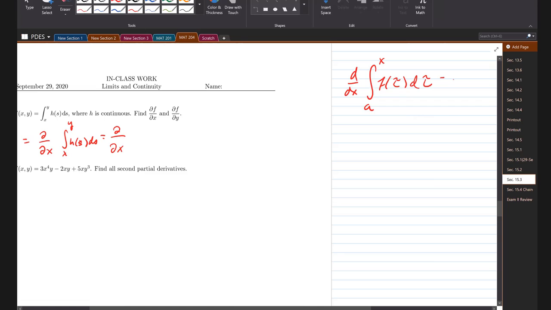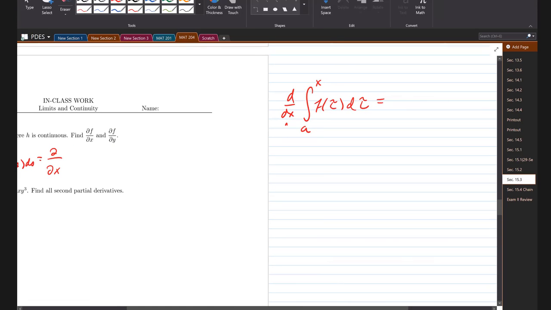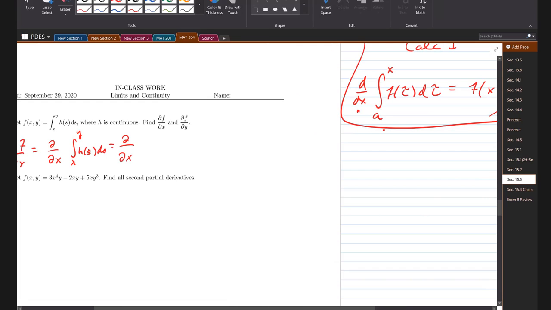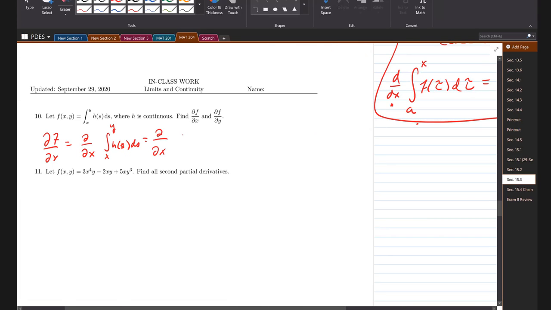By the fundamental theorem of calculus, what does it mean to take the derivative of this integral? It means just to evaluate the function at that x coordinate. This is Calc 1. So if you're rusty on that, you're going to have a hard time with this problem. If you're rusty on this, go back and review it first and then return to this problem. Okay, what I need to do in order to use the fundamental theorem is change the sign on this integral and rewrite it as the integral from y to x of h of s ds.